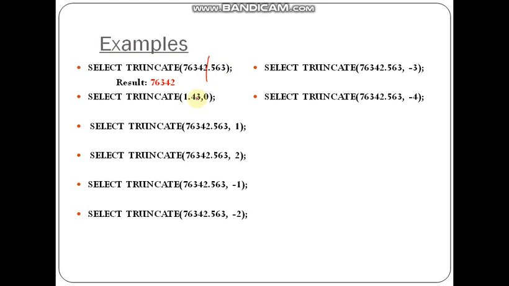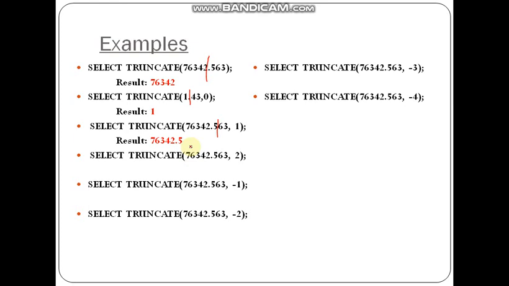In this 1.43, 0, I don't want any decimal points, that's all. Then next, this number, comma 1. That means I want 1 decimal place. If we were using rounding, 1 would be added to this 5 and the answer would be 0.6. But here we are just chopping off the digits. So the answer is 0.5.